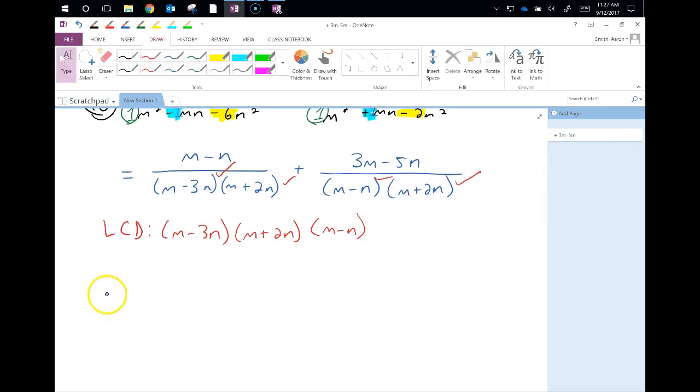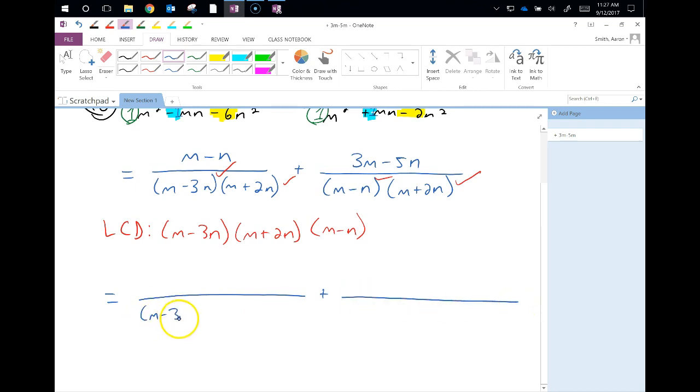So let's go ahead and write these fractions. I always start with my LCD, (m minus 3n)(m plus 2n)(m minus n). Now I compare what I had before to what I have now.